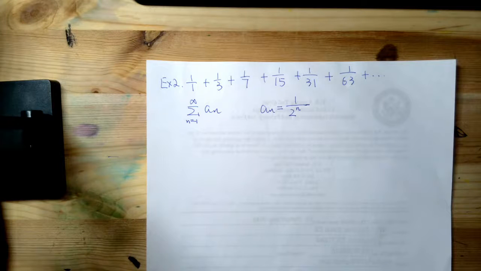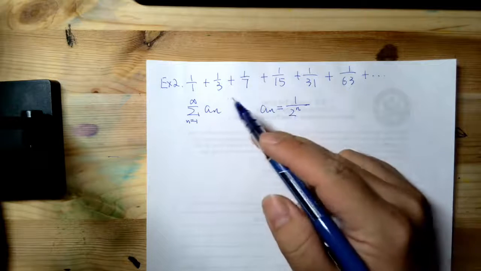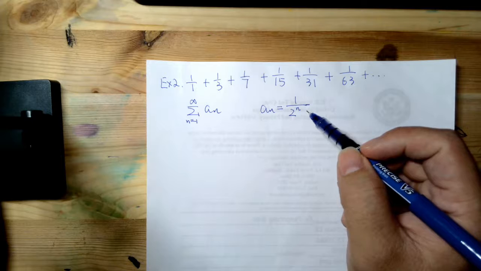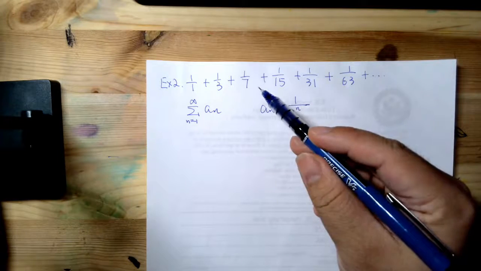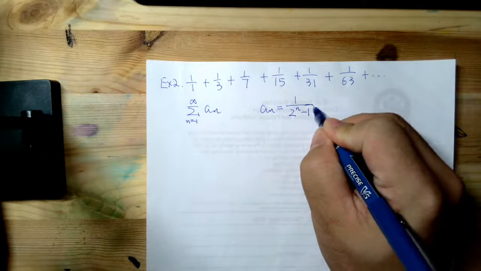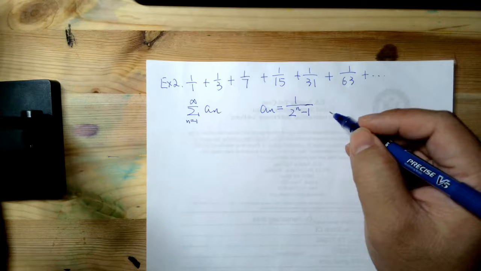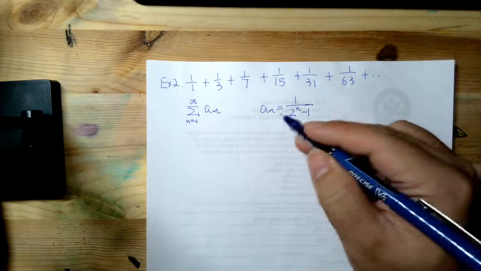But when n equals 1, 2 to the power 1 is 2, but I need a 1 here. When n equals 2, I have 4, but I need a 3. When n equals 3, I have 8, but I need a 7. It looks like we need to minus 1, and then that will complete this a_n.